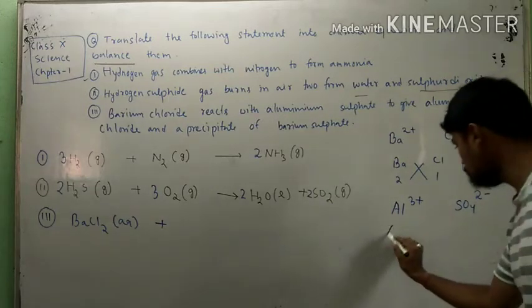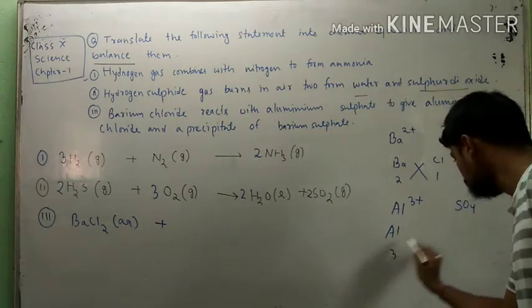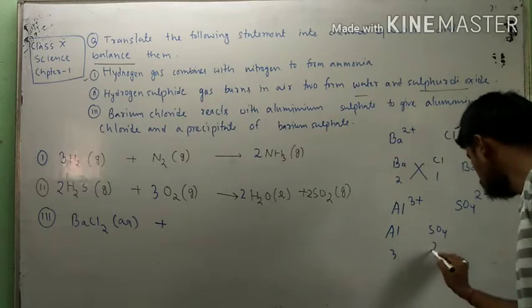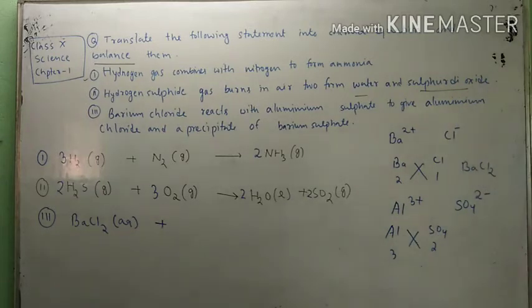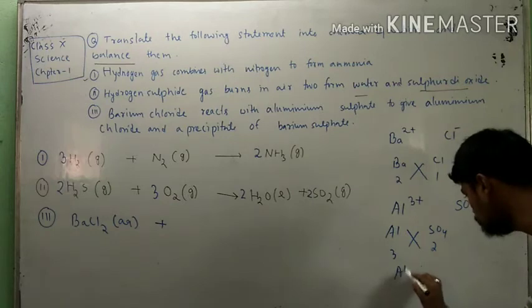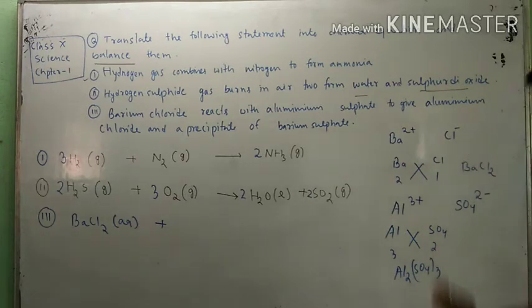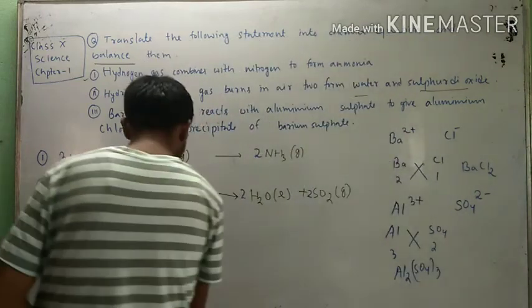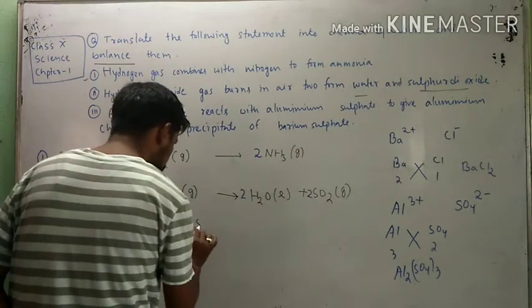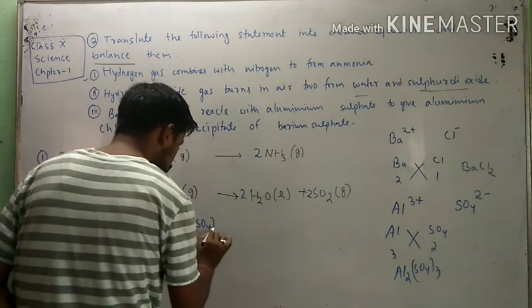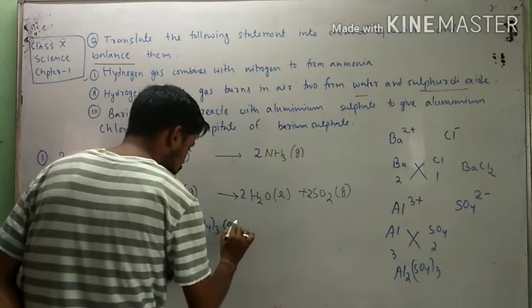So the formula will be Al3 SO4 2. When we cross multiply, it becomes Al2(SO4)3. So write the formula Al2(SO4)3.